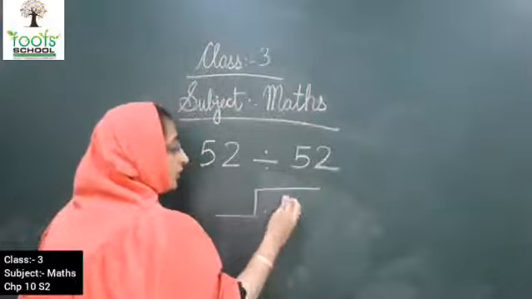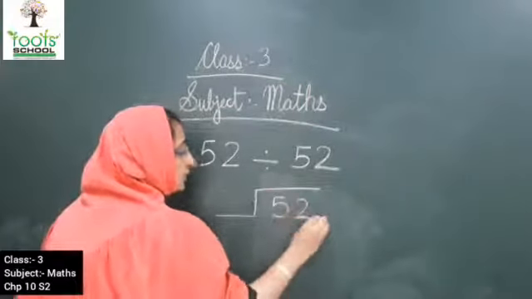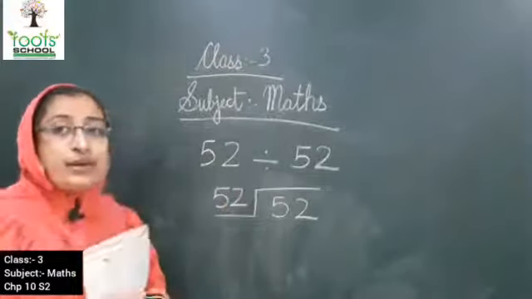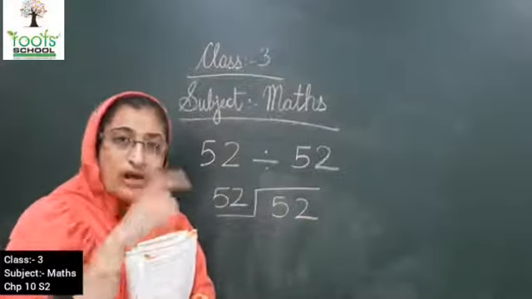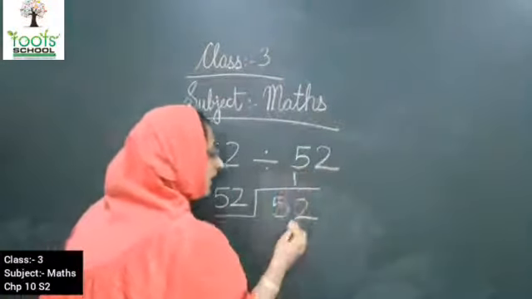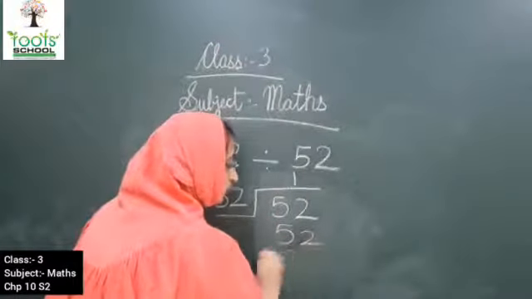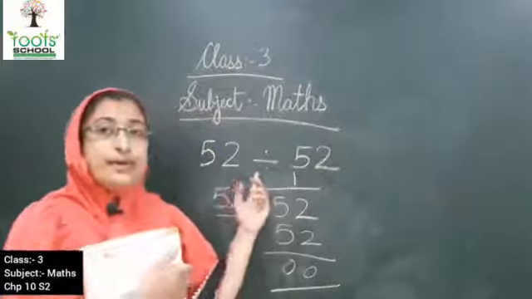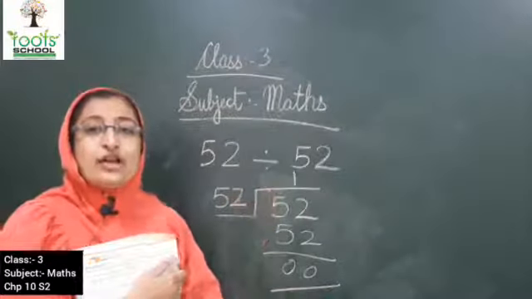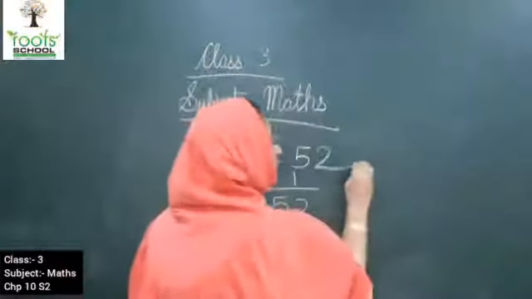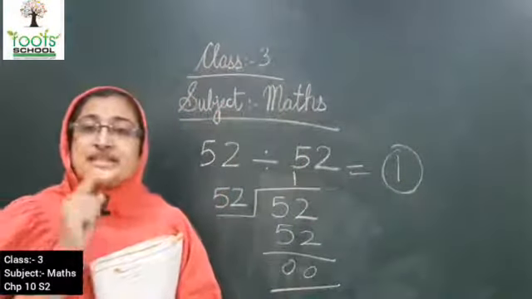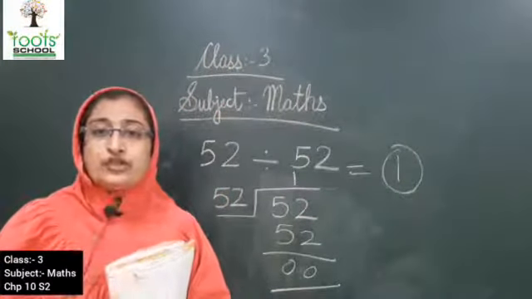So how are we going to write? 52 divided by 52. In the 52 table, when does 52 come? 1. 52 ones are 52. So whenever a number is divided by itself, the result you get is always 1. Okay, this is the first property of division.